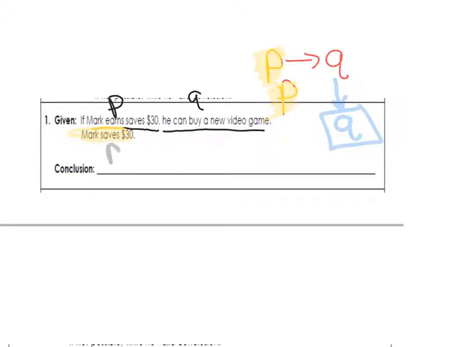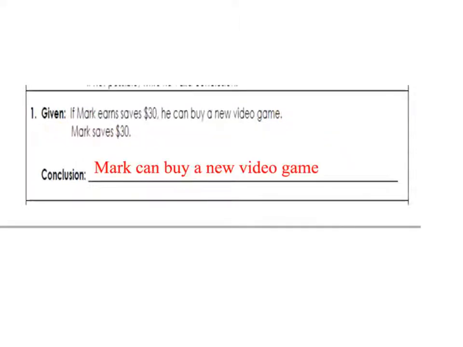So we give that another P. The question is, do we have Mark saves at first? So do we start with the P as in our statement here? Yes. Is our second statement a P? Yes. Do they say the same thing? Yes. So then what is the conclusion? You got it. So the conclusion is Mark can buy a new video game.